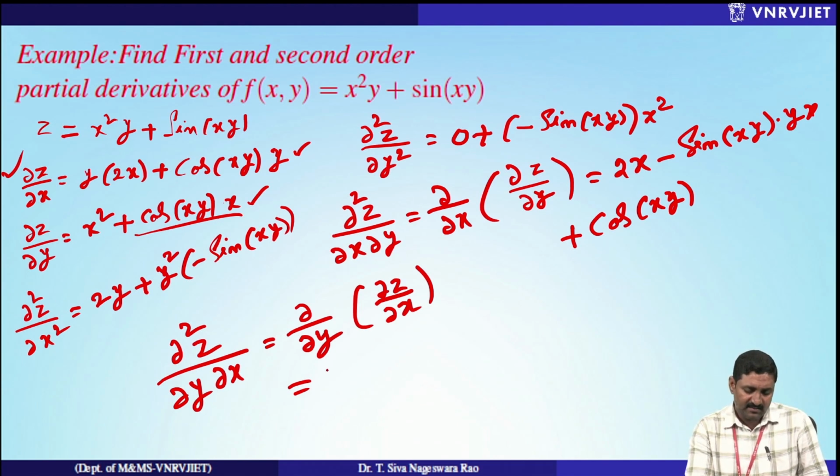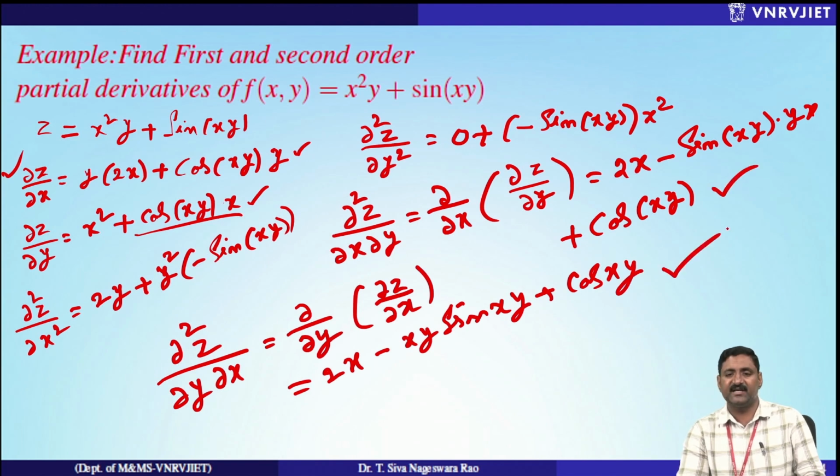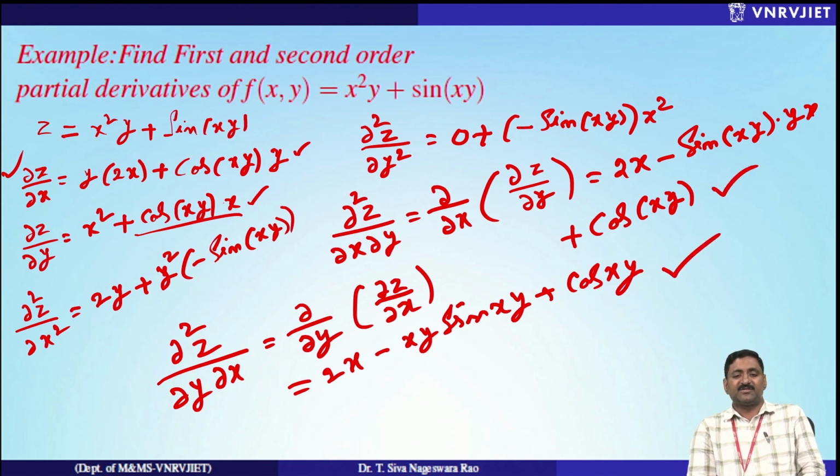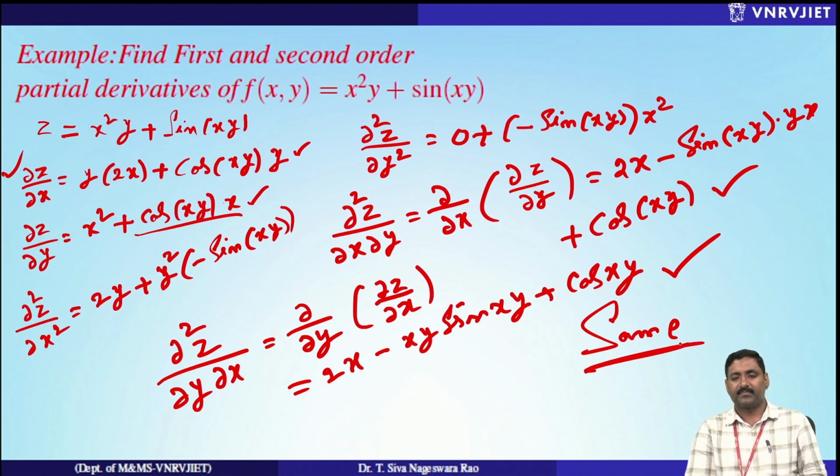Then what will you get here? 2x minus xy into sine xy plus cos xy. If you observe these two derivatives, they are the same. How? Because x square y plus sine xy is a continuously differentiable function. Hence, these two derivatives are always equal.